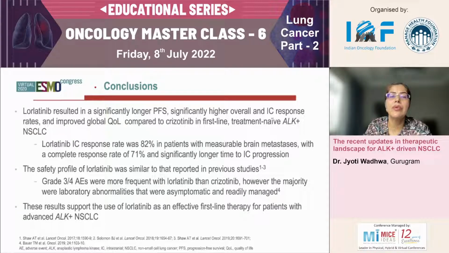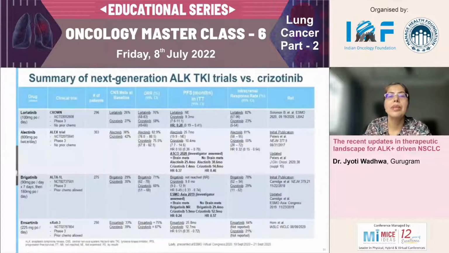Even though grade 3-4 side effects were more frequent with lorlatinib, however, majority were lab abnormalities rather than symptomatic adverse events. So this trial, CROWN study, brought lorlatinib as effective first-line treatment in ALK positive. So to sum up, this is the table that I would want you to focus your attention on.